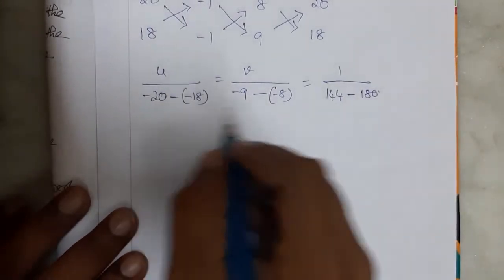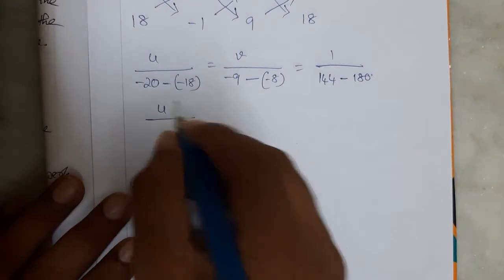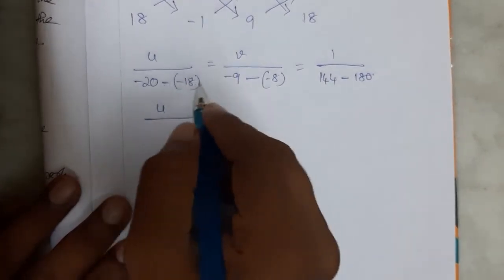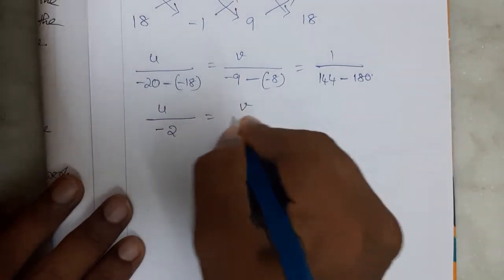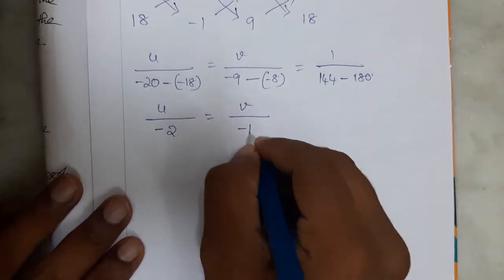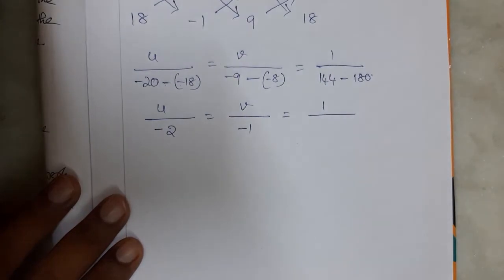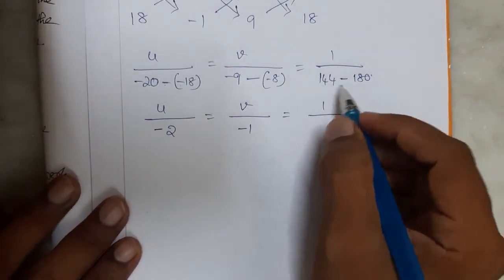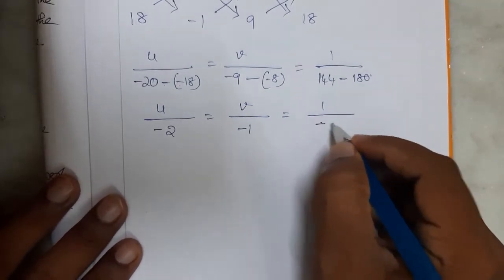So be careful on the sign while doing this step, then the rest will be very easy. U by, minus into minus is plus, so minus 20 plus 18, the greater number sign is minus, so it will become minus 2. Is equal to V divided by, minus into minus is plus, minus 9 plus 8 is minus 1. Is equal to 1 divided by 144 minus 180, so the difference is 36, and the greater number sign is minus 36.